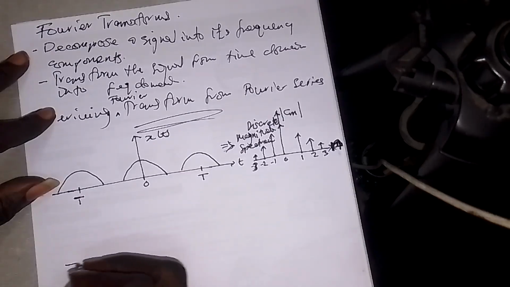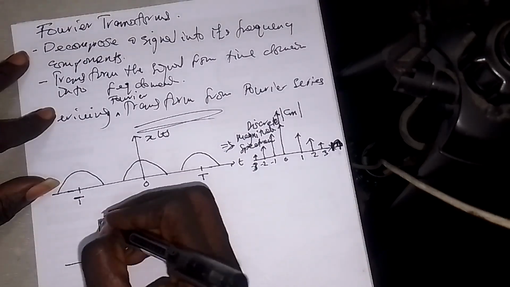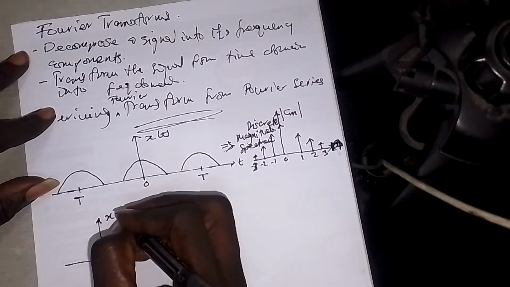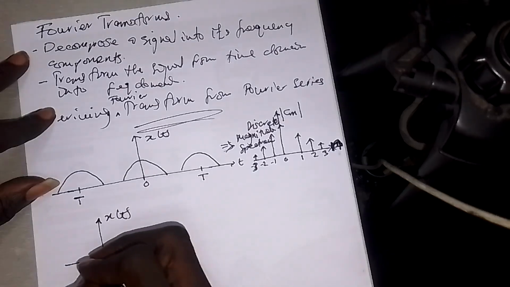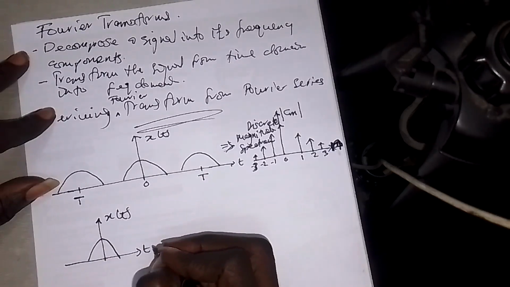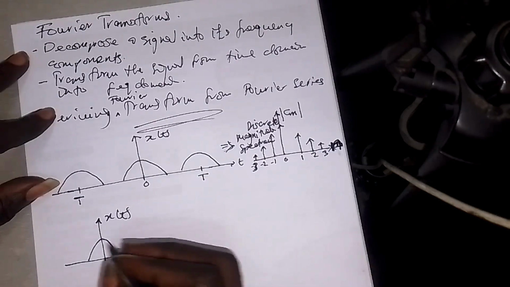In that case, they can be represented in this particular format as x of t. It will come back to x of t, here becomes t.